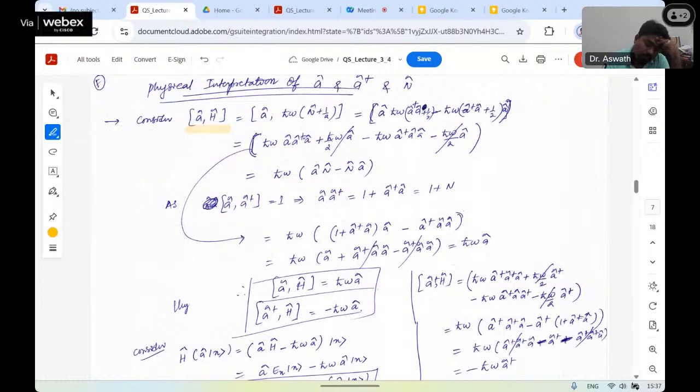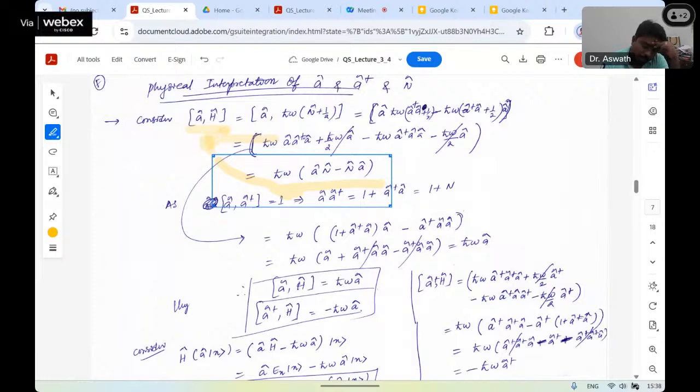Now, if I substitute explicitly what I have here and see exactly, ħω A N minus N A, right?